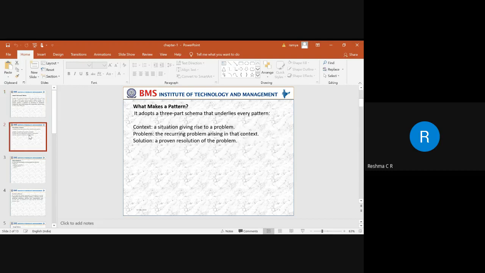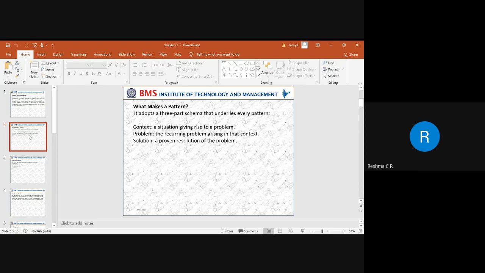The next thing is what makes a pattern. The pattern can be made based on three things: one is a context, one is a problem, and one is a solution.